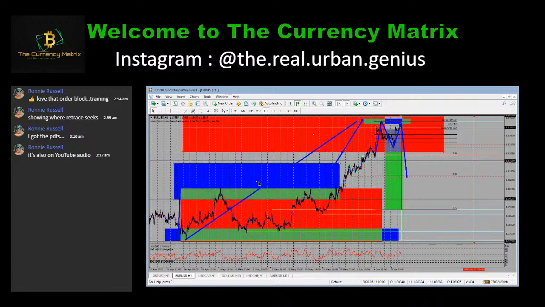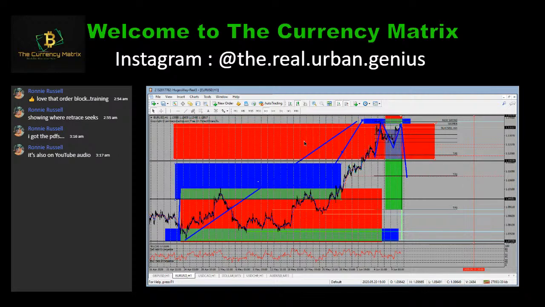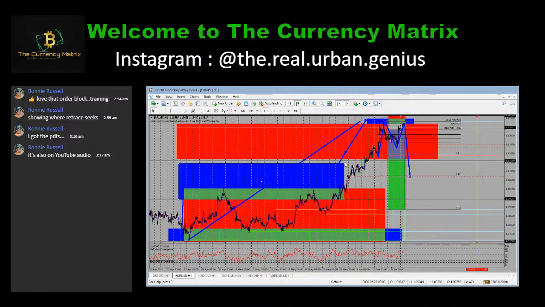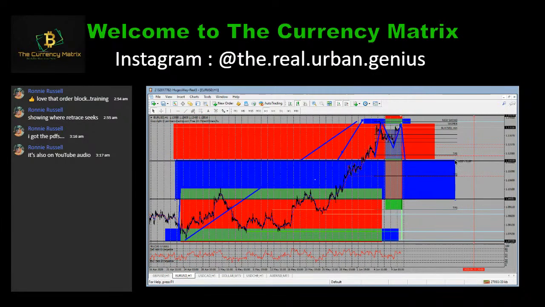So my levels are about right like that. Of course, that's not that exact, but that's a rough estimate of the levels right there. Makes sense.